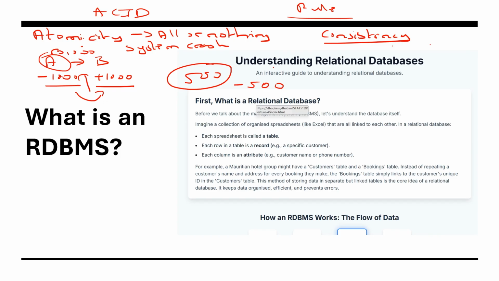So what would happen then? At no point in time will the transaction be completed because it fails to abide by the rules of the bank. So consistency will ensure that the transaction fails. It won't complete the transaction. That's the concept of consistency.